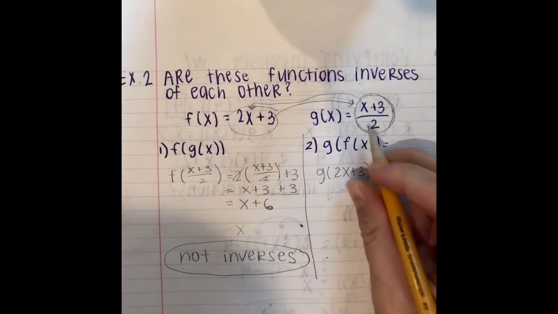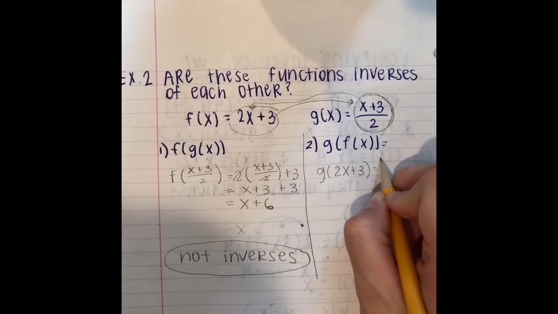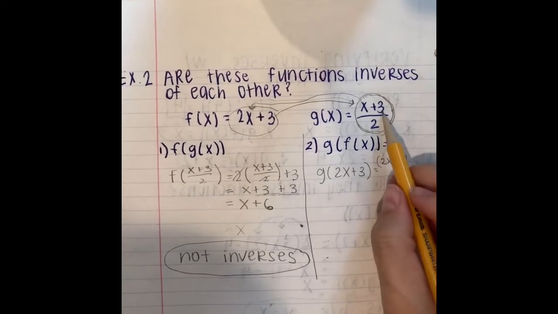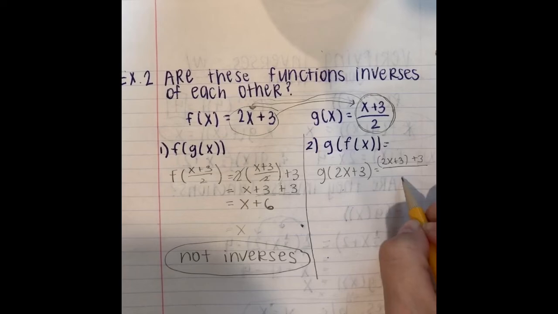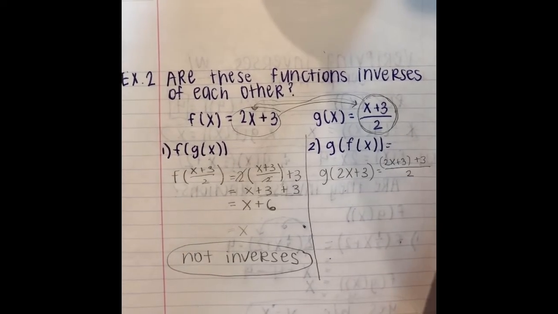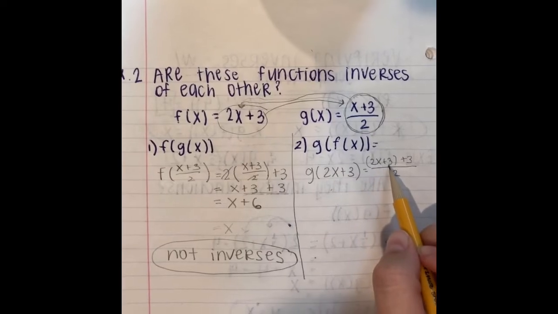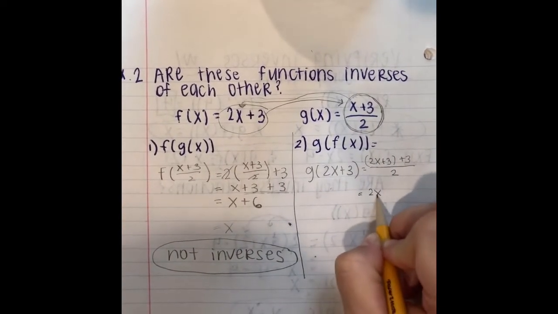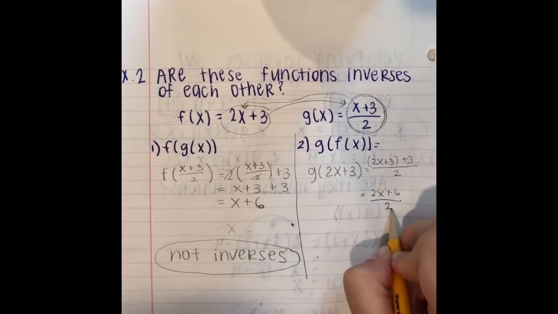Where I have an x, I'm putting the 2x plus 3, and then I'm bringing over my plus 3, divided by 2. So up top here we have 2x plus 3, which gives us 2x plus 6 divided by 2.